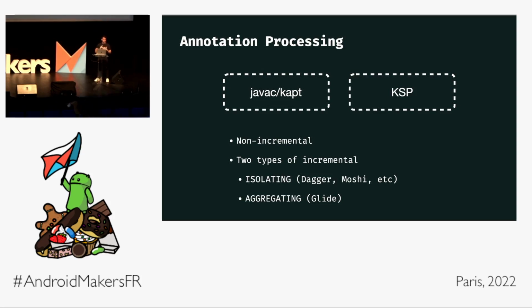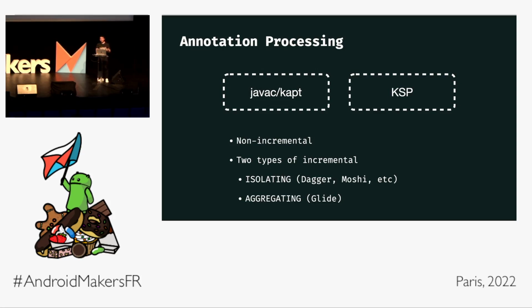There's two types of incrementalism themselves. There's isolating and aggregating. I'm kind of skipping through some of this for time, but isolating is basically the ideal case. It's the faster one. It's sort of a one-to-one mapping of source files to generated ones. Aggregating is slower because you'll have multiple source files getting referenced by one final generated file. And this can break easily.